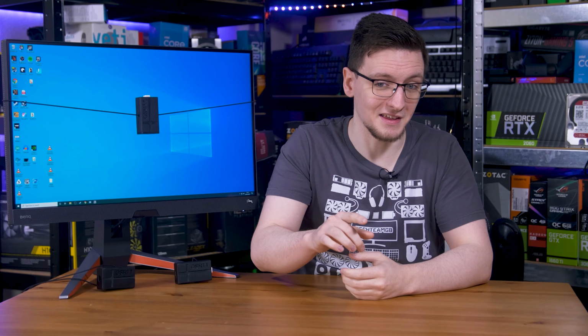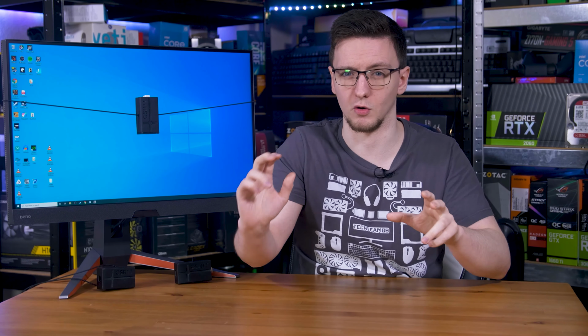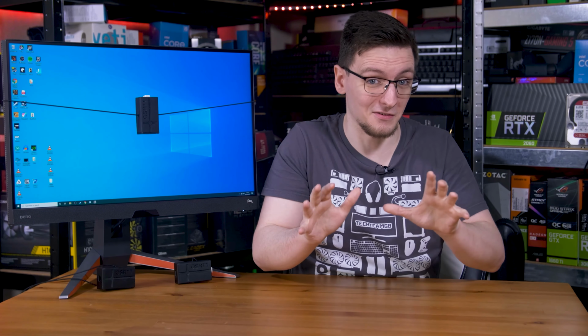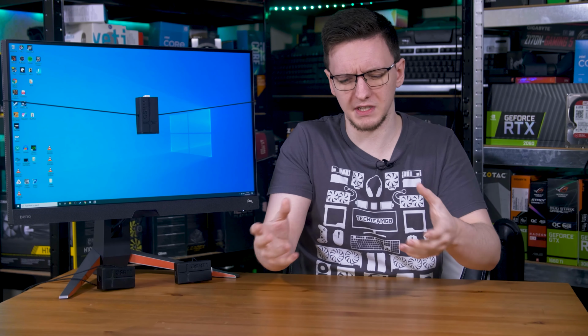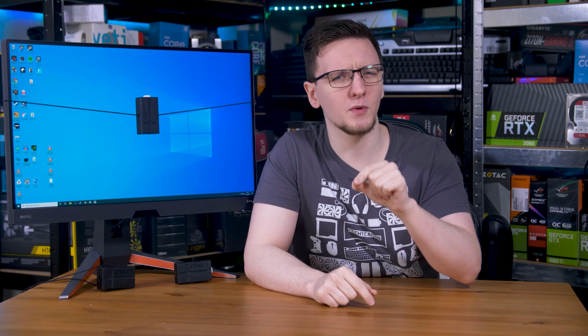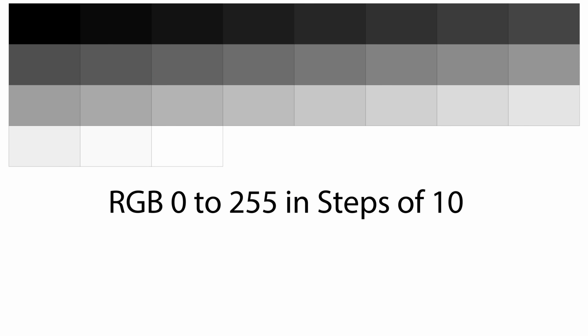That's not to say that either of them is right or wrong. Both are perfectly valid options, they just have slightly different priorities. The other thing to mention, specifically with a fixed RGB 10 tolerance, is that, at least for me personally, I can generally see the difference between steps of 10 RGB. They're generally visible to my eyes.